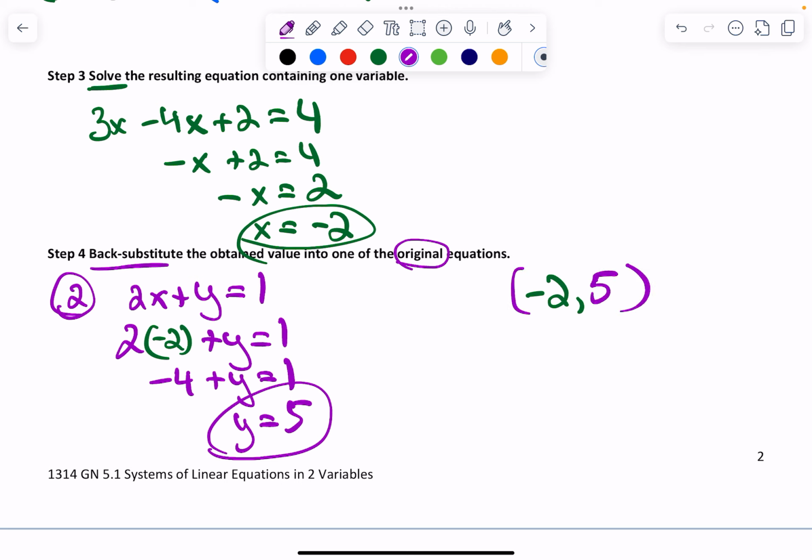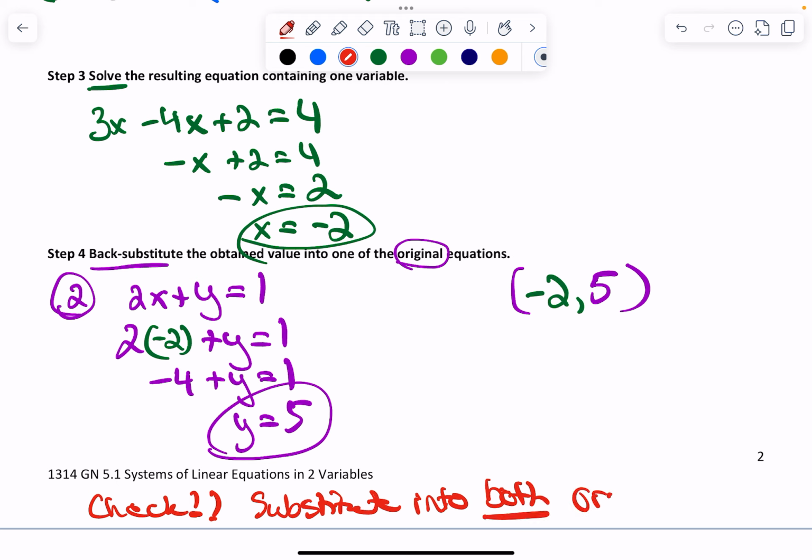And now our step number 5 is to check. Make sure that you check by substituting into both original equations.